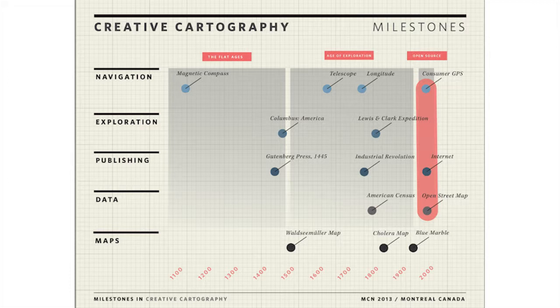Let's fast forward to what we're calling the open source era. This has been going on for the past 10 years, where suddenly in the mid-aughts everybody has handheld GPS devices and can contribute to open source projects like OpenStreetMaps from the palm of their hand. We also see the introduction of the internet, where anybody can publish anything from anywhere.